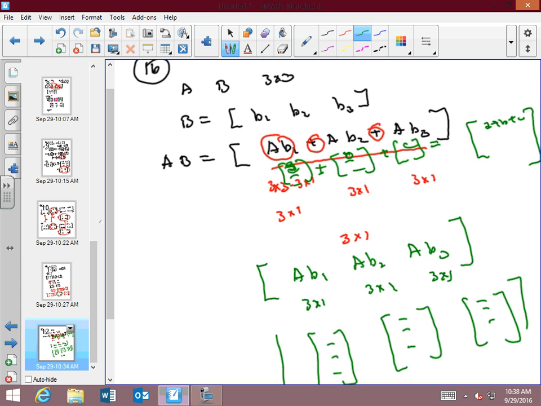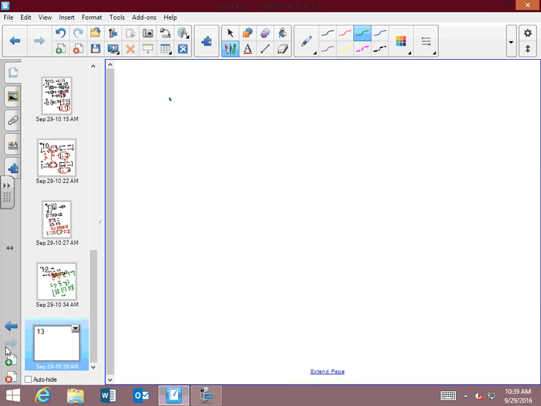Now it says the second row of AB is the second row of A multiplied on the right by B. So that true or false? They're saying this. So A is, second.